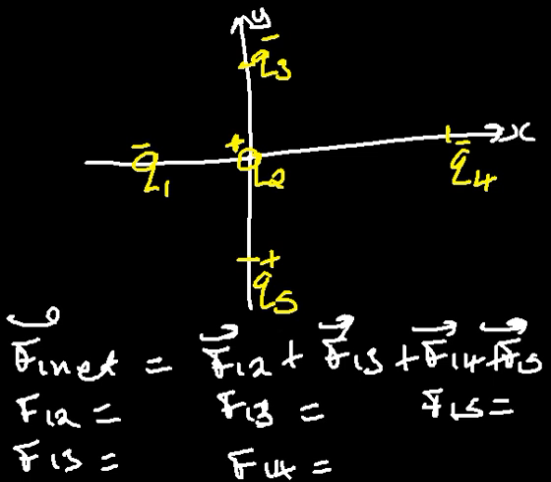Now what is the direction of F12? These charges are unlike charges, so F12 will be attractive and will move towards this direction. That is the direction of F12. Upon calculating F12 using Coulomb's law, you will be required to resolve F12 into components. So F12 as a vector, we may have it here.